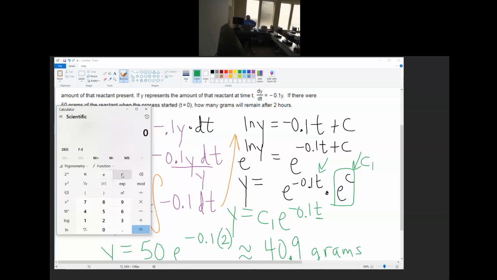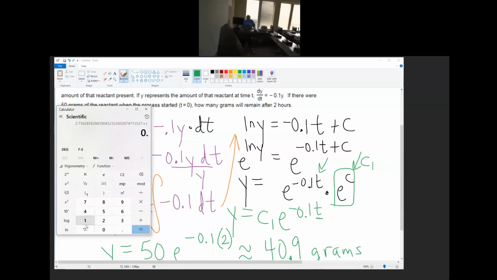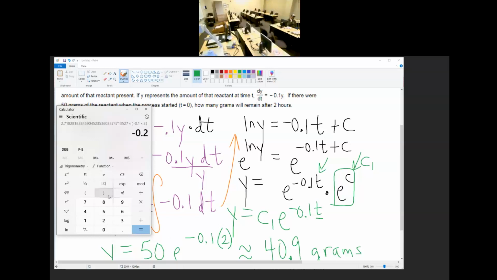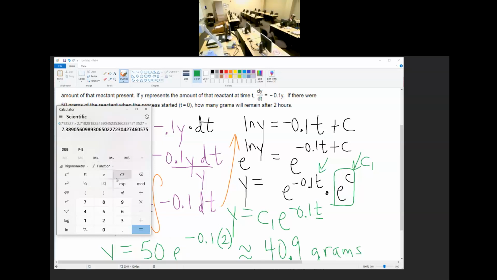Let's see. e to the 50th power times, in parentheses, negative 0.1 times 2. No, that's still not coming out right.